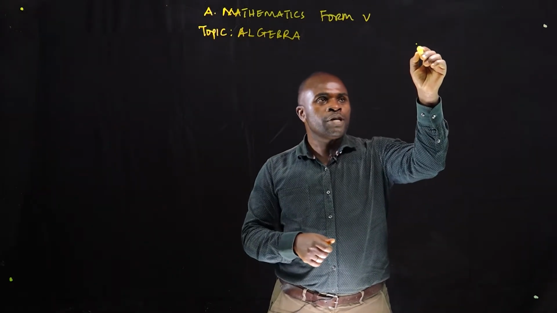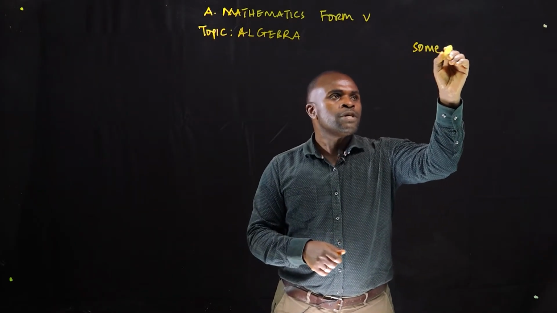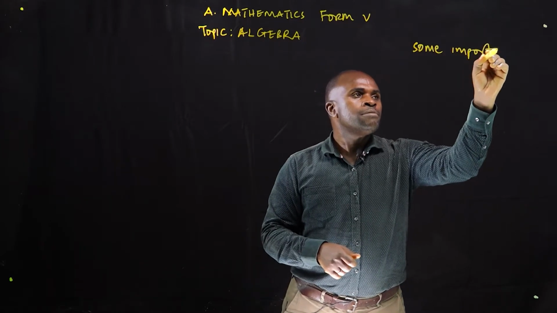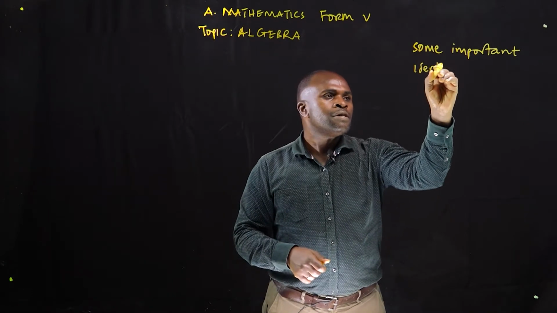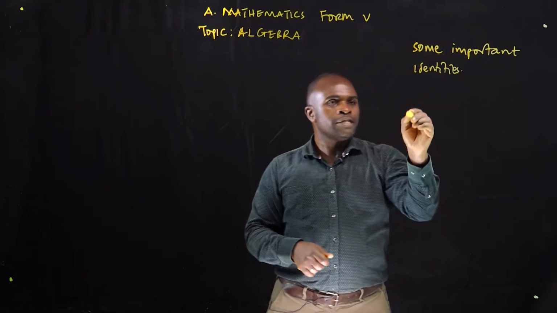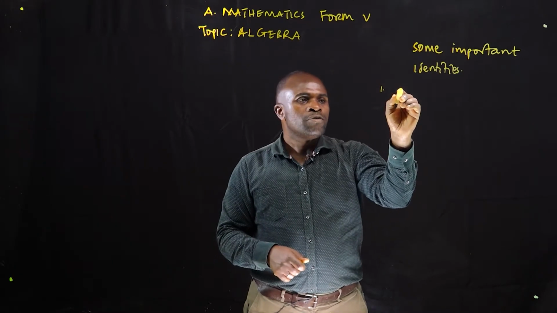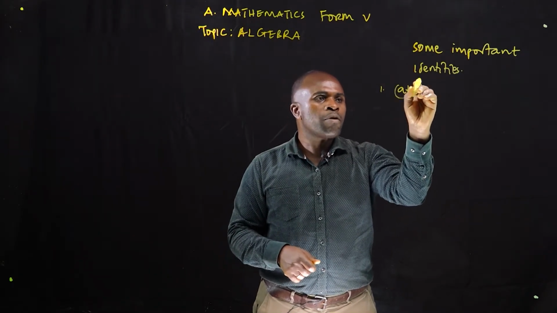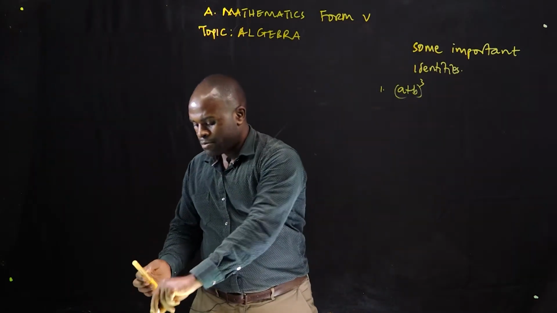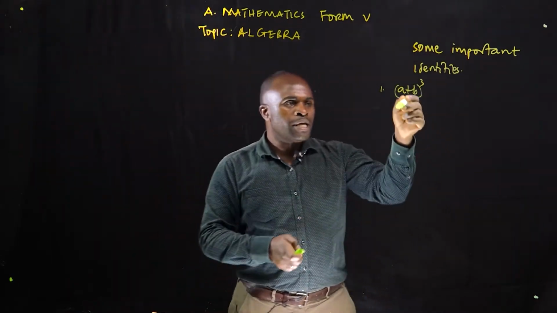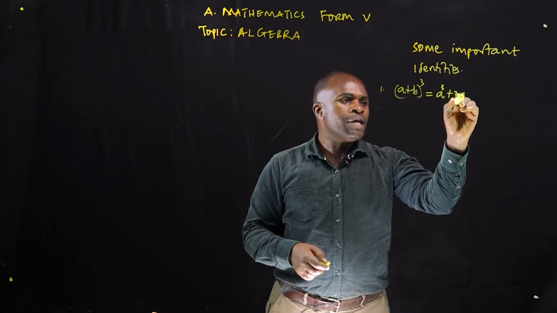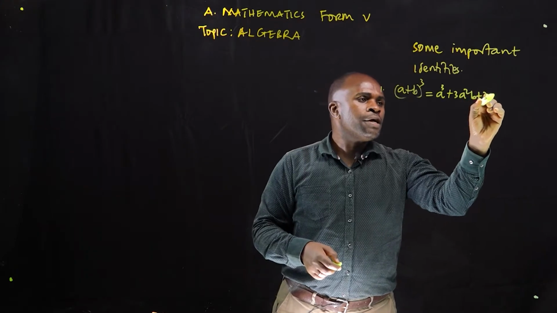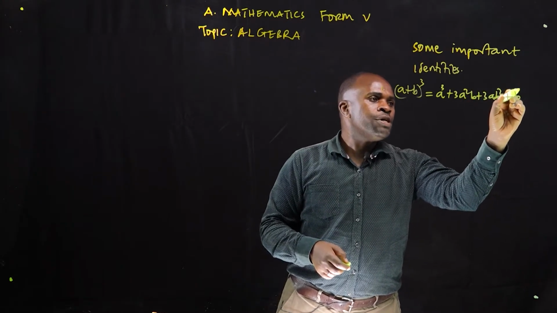Let's go. So we say relationship, some important identities. One, when you take a plus b power 3, this is the same as a cube, plus 3a square b, plus 3ab square, plus b cube.